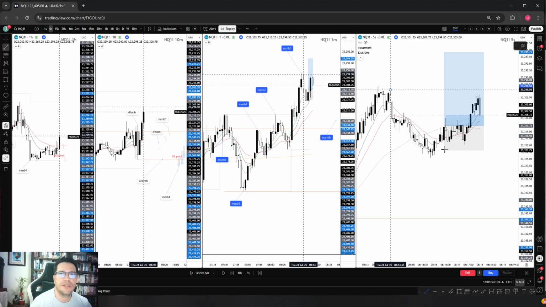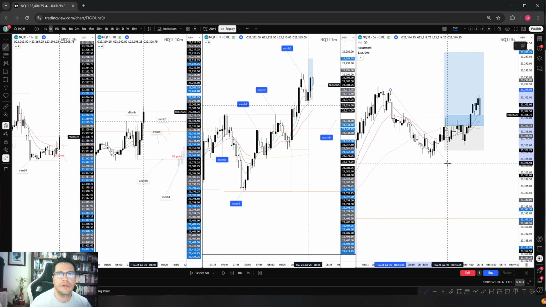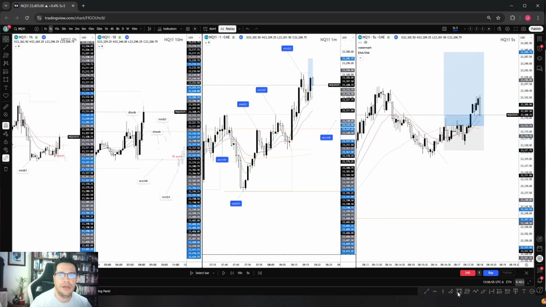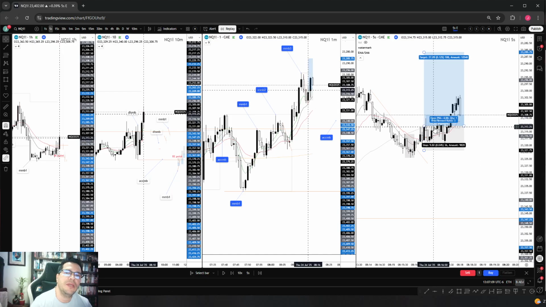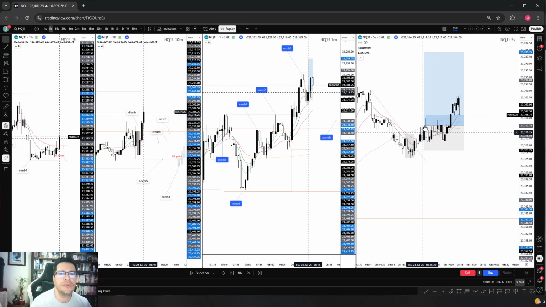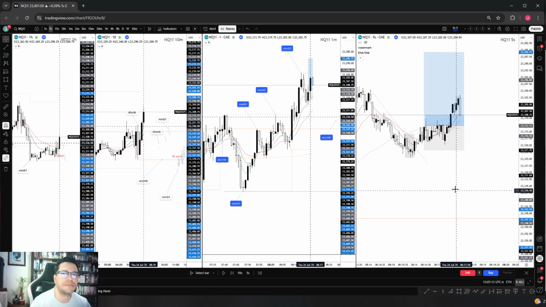We had this containment line right here and MMB1 and MMB2 right here. So this was a setup for me for a buy stop through the double MB.